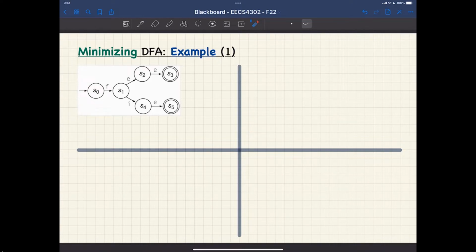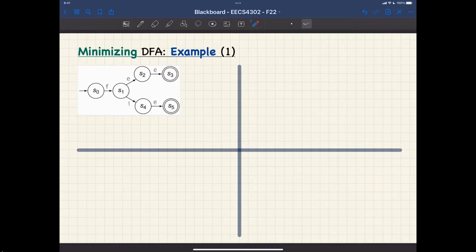That's the DFA we want to optimize. That's the input. Can you at least see what the DFA is trying to recognize? It's trying to recognize some pattern of string. How many possible strings can we accept?